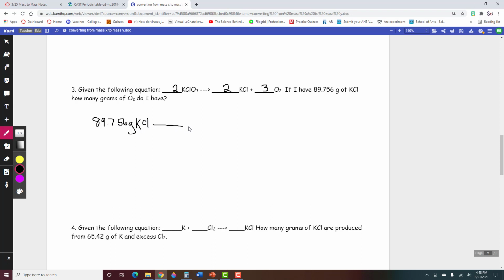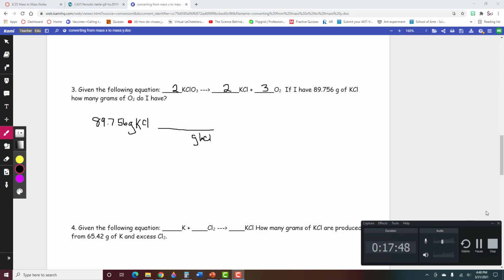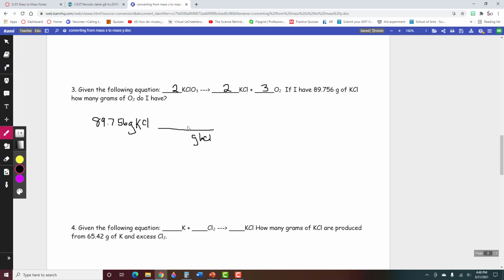And then I draw a division bar. I try and draw a division bar straighter than that. Alright, nope, I didn't do much better. Grams of KCl. And then on the top I put moles of KCl because grams always goes with moles and the compounds should be the same. And then this mole should be 1.